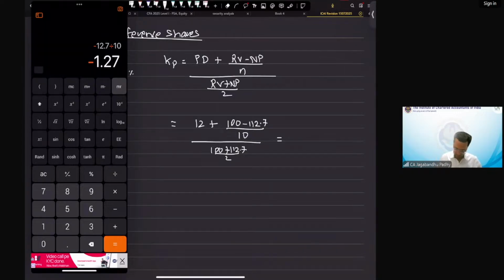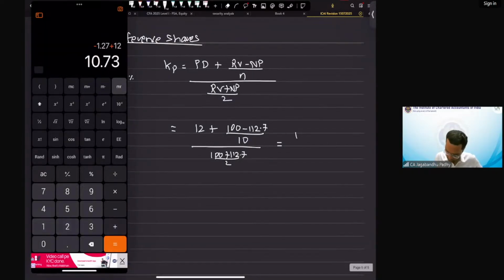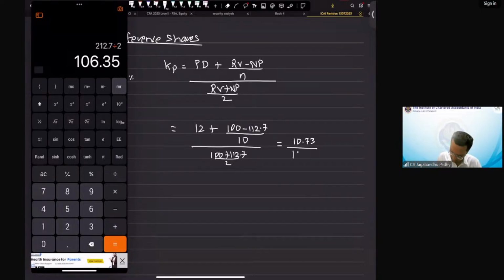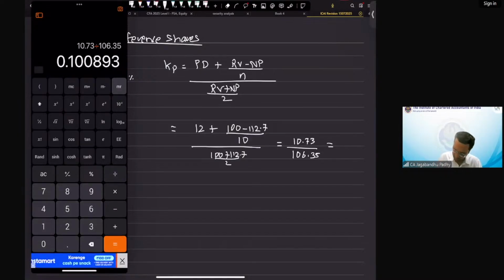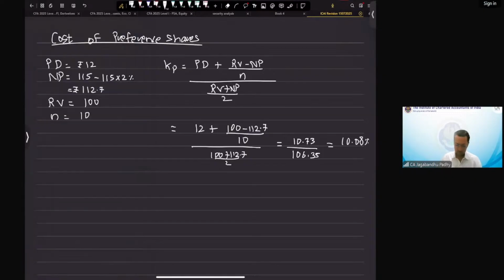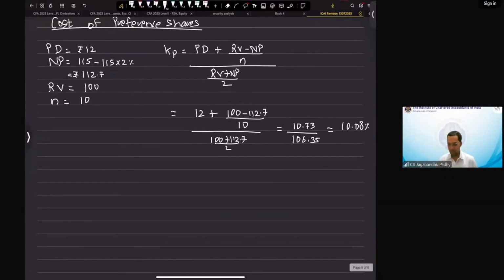We have plus 12 to that, which is 10.73, upon 100 plus 112.7 divided by 2, which is 106.35. 10.73 divided by 106.35 is again 10.08%. We got that rate to be 10.08%.